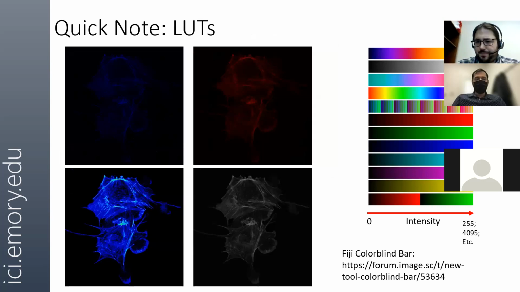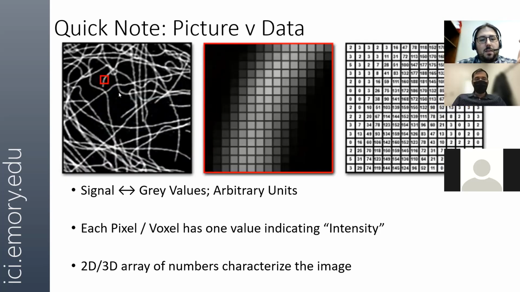Grayscale values are just those black and white intensities. So when I use terms like for every pixel, that is for an image, every pixel in the array that comprises that image, we might do a certain calculation or a certain analysis of that.